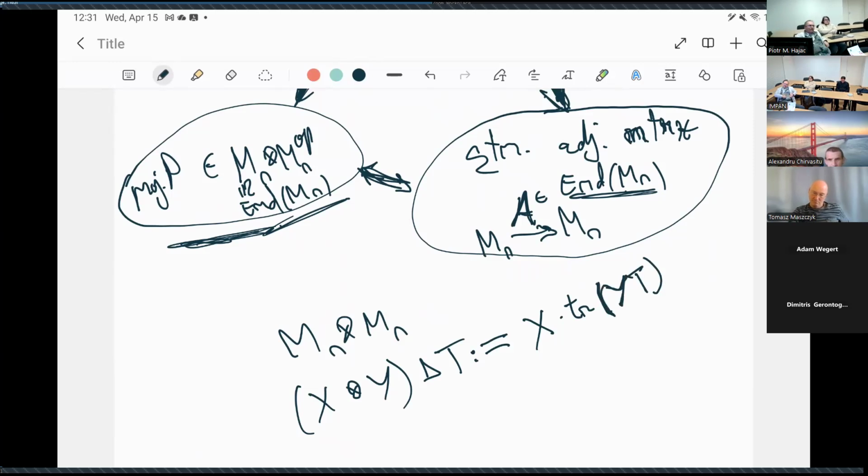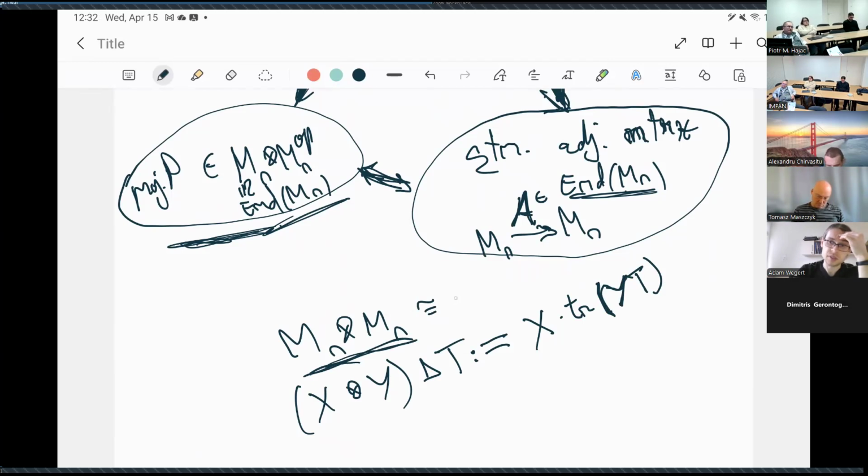Yeah, that's a different way of identifying Mn tensor Mn, a tensor product of two copies of Mn, with the endomorphism space of Mn. Sorry, so is it like taking a pre-dual to Mn on the second copy of this tensor product? That's right, yes.